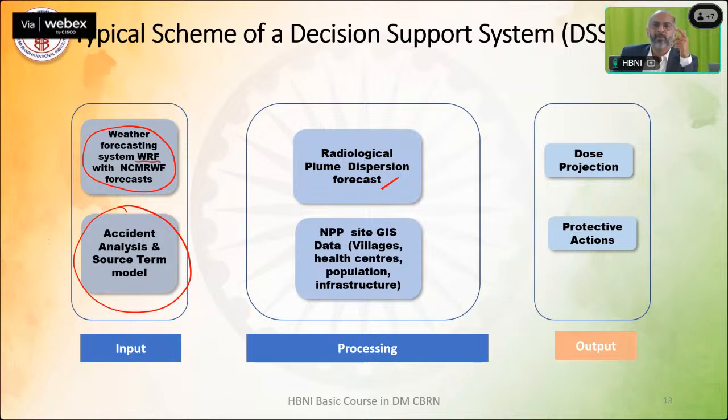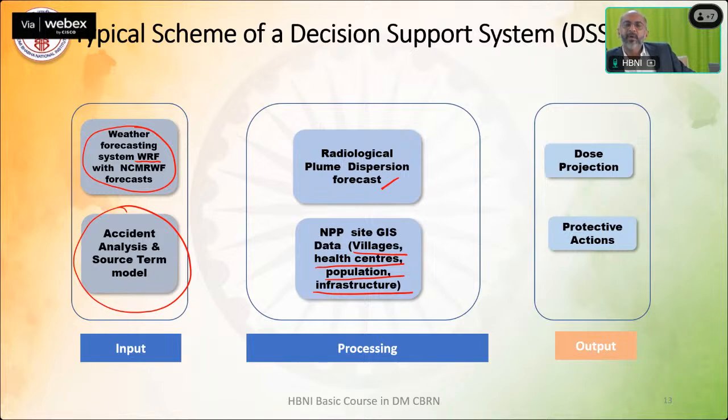So here you do a radionuclide dispersion calculation, and then you also use data on where the village centers are, where the primary health centers are, where the sheltering points are.